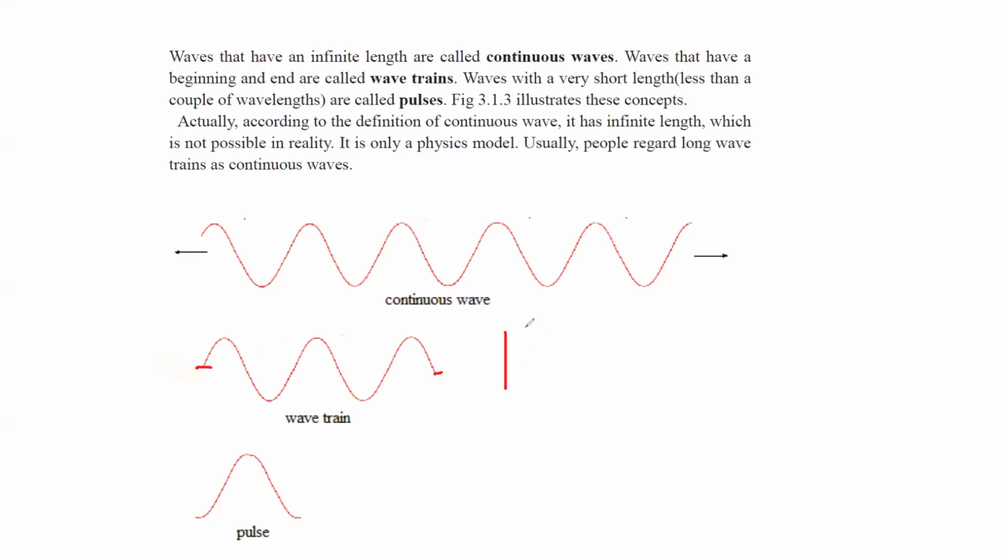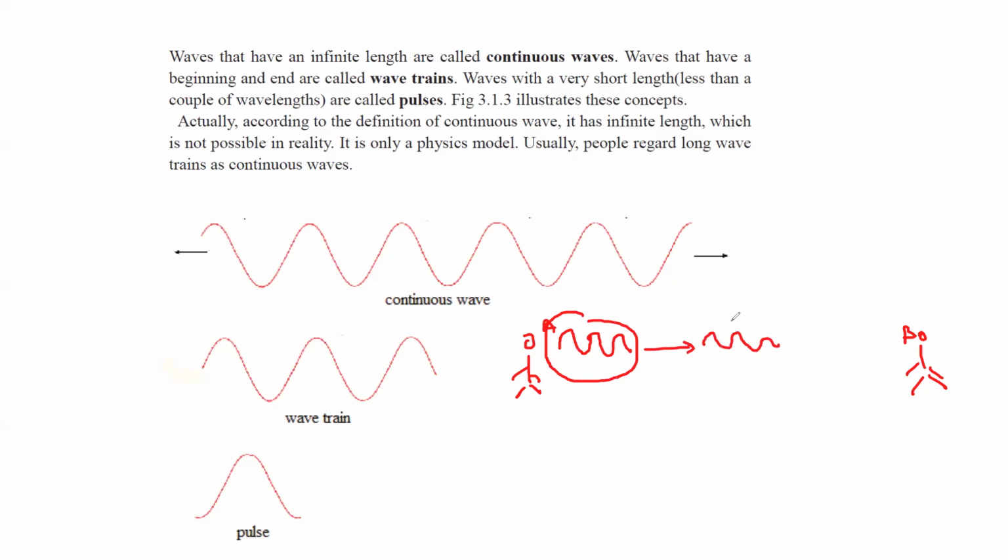So for example, a person is standing at position A and another person is at position B. The person at A produces a sound, and I'm drawing a transverse wave, though sound waves are longitudinal. This group of waves travels from one place to another, so we call that a wave train. In a wave train, we can identify the start and the end of the train, and we have a finite number.